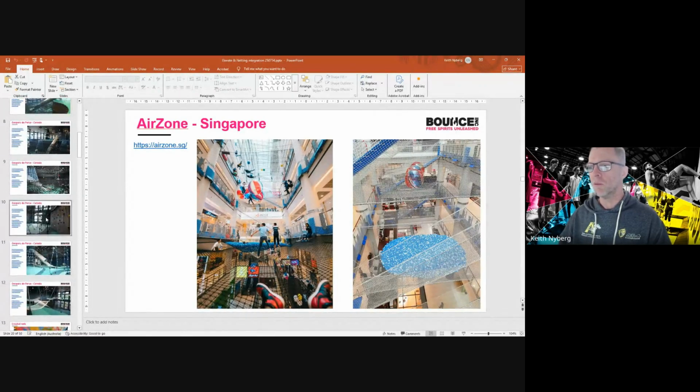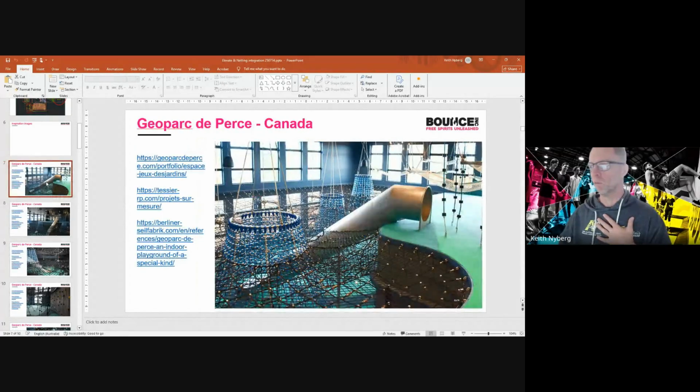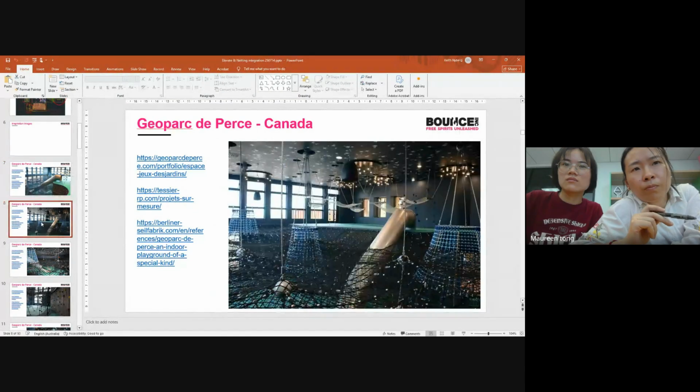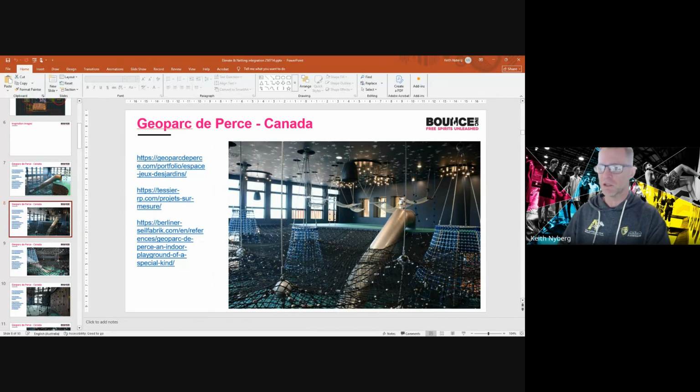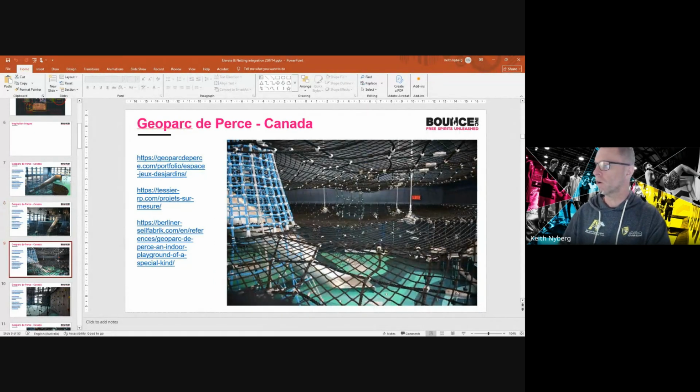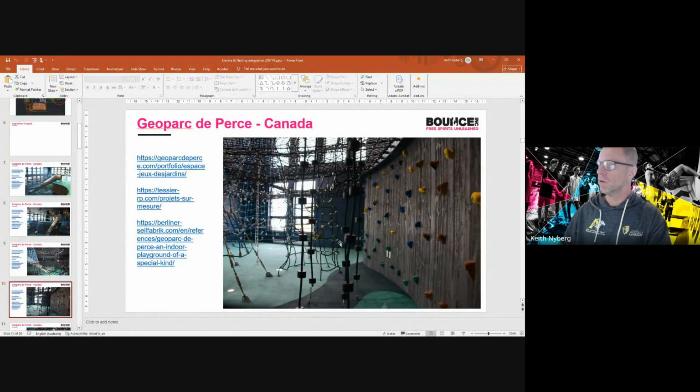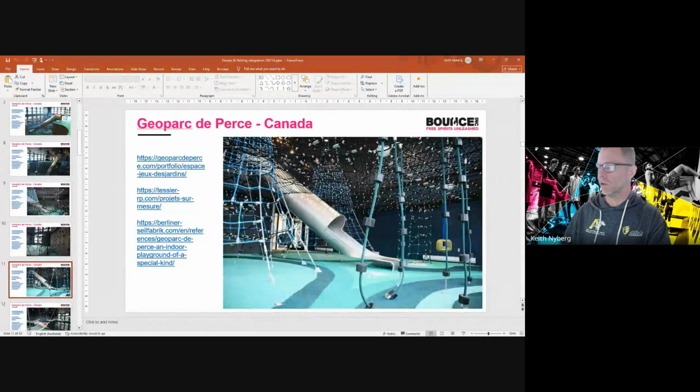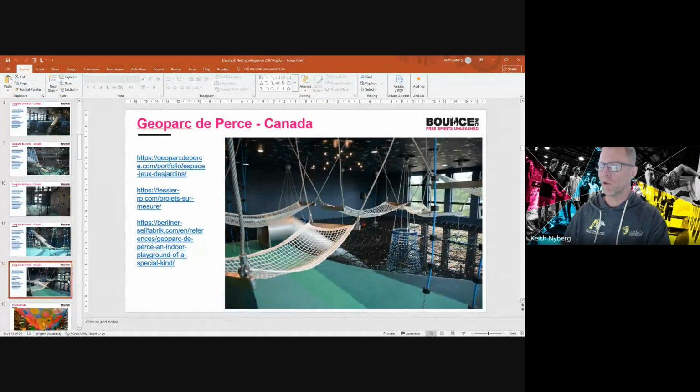Or we really like this idea where you've got quite a big netted area, and there's ways to get up. We've got slides down. There are hammocks and different things to occupy people so they can hang out there. Or there are some ropes up and down, and different things to play on.